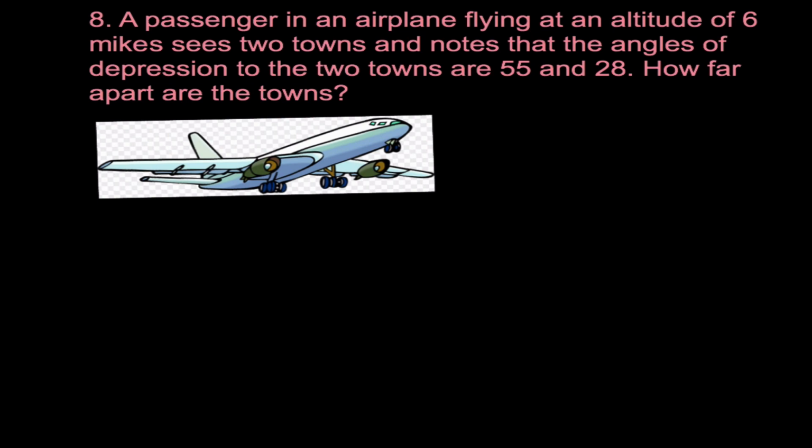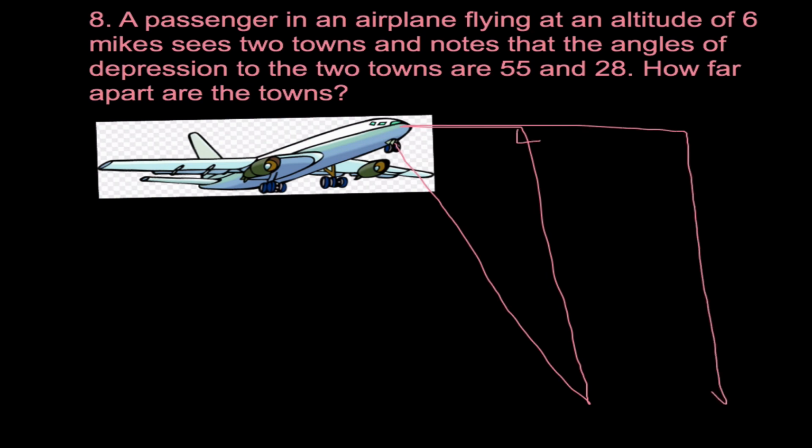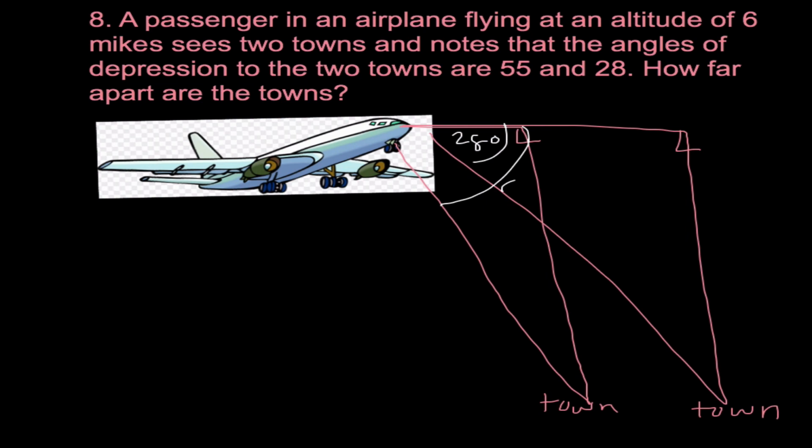What if the plane had seen the two towns on the same side? So this is a town and this is a town. This time, if this was 28 degrees and this whole thing was 55 degrees, I'm going to call this x and this whole thing y.